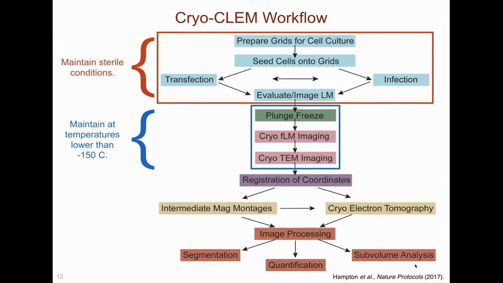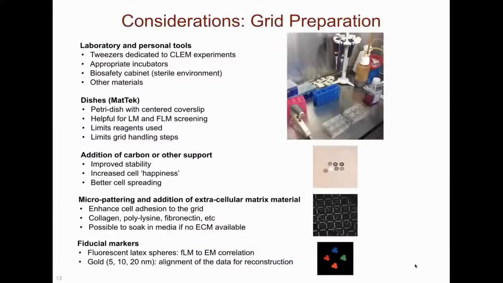Second, once samples have been plunge frozen, it is essential to maintain the samples, tools, and equipment at temperatures lower than -150 degrees Celsius to minimize specimen devitrification or contamination. In order to help individuals plan and troubleshoot whole cell cryo-CLEM experiments, I will outline a few of the critical steps within the workflow.